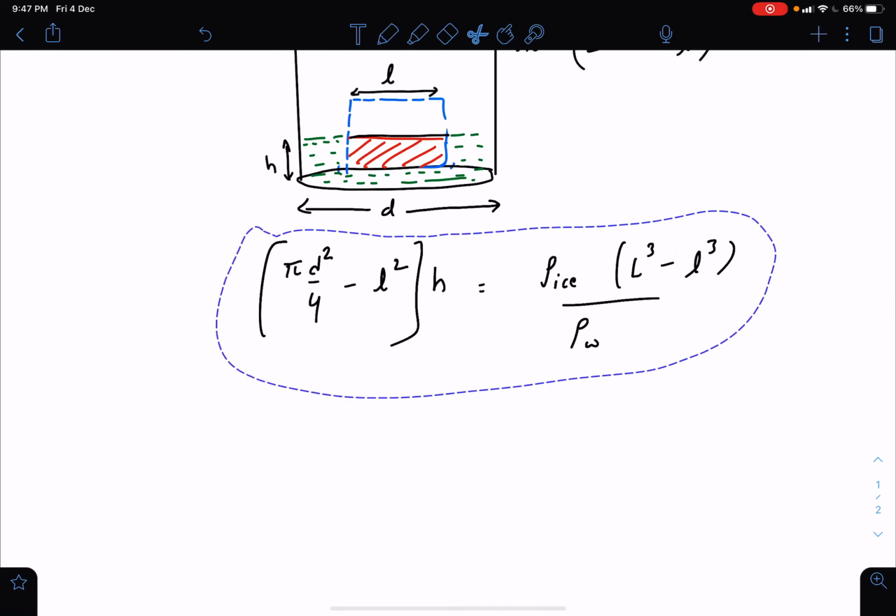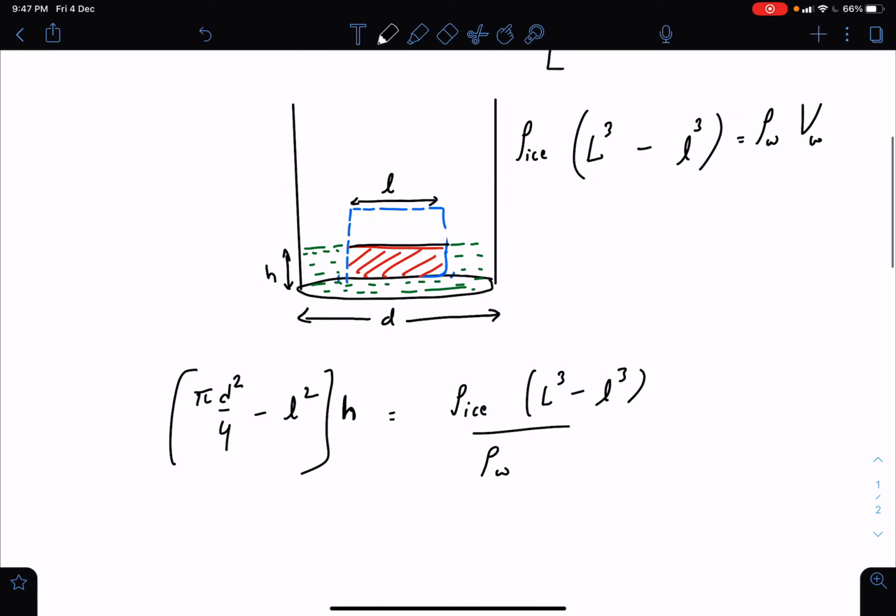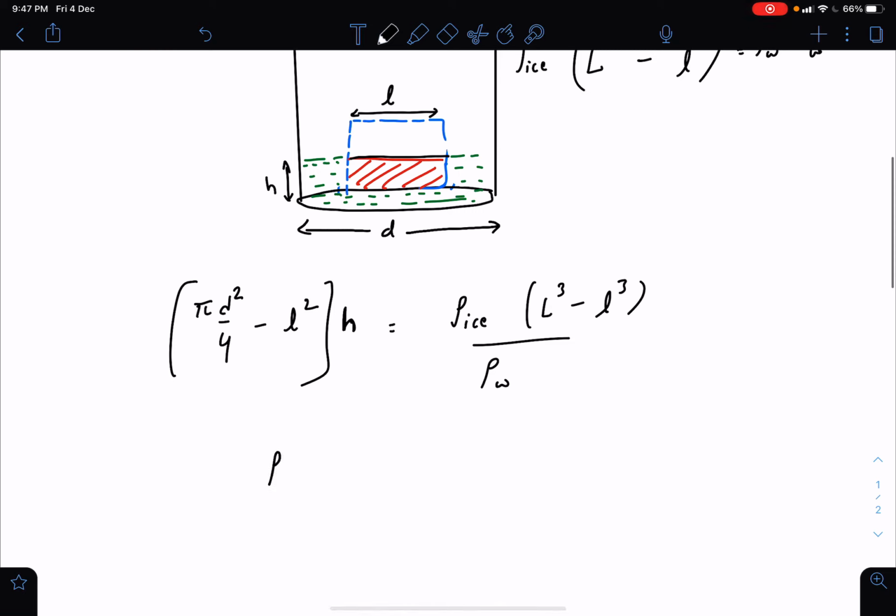Now what are the unknowns here? Unknowns are small l and small h. These two are unknowns, but this is just the conservation we have done so far. What we need to do is also the force balance. This is just at the verge of getting lifted up, which means buoyant force equals mg. So density of ice into volume of ice is the mass of ice, into g, and that is equal to the buoyant force.